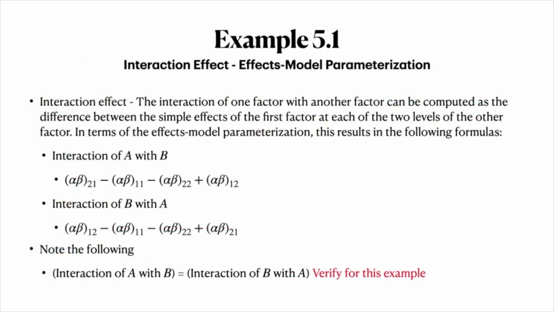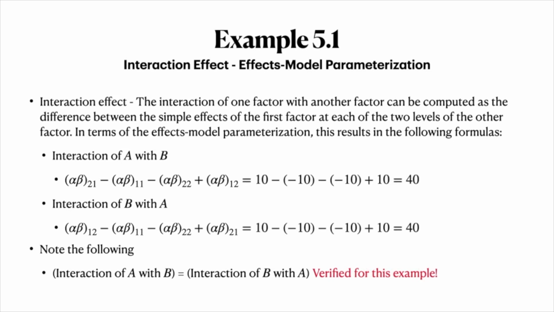Okay, in terms of the effects model parameterization, we can calculate the interaction of A with B and the interaction of B with A in terms of the effects model parameters. And you can see the expression here. We were given these values in the statement of the example. When we plug those in and do the calculation carefully, we see that for both ways of looking at the interaction, we get a value of positive 40.